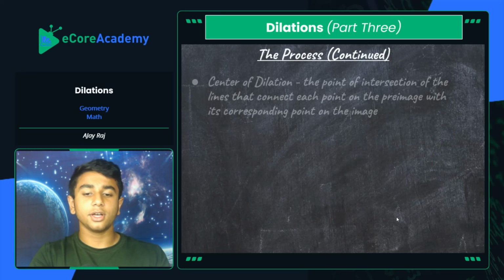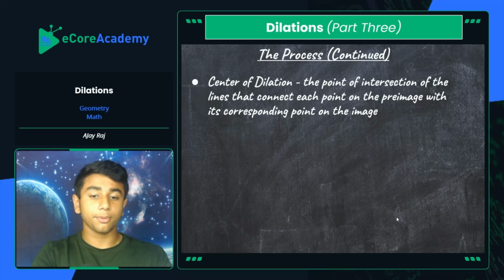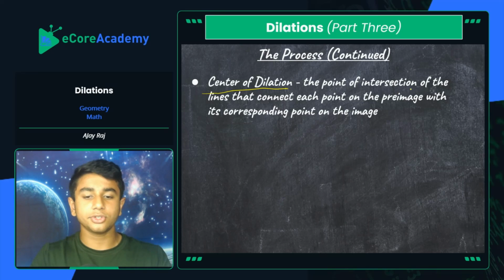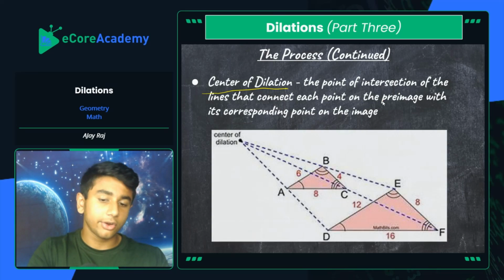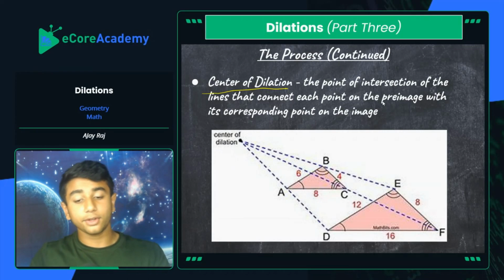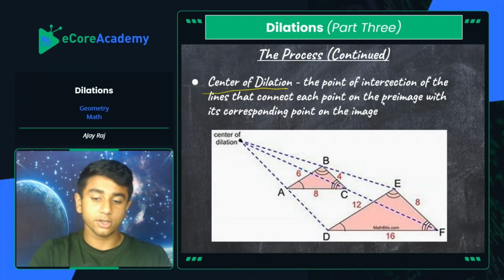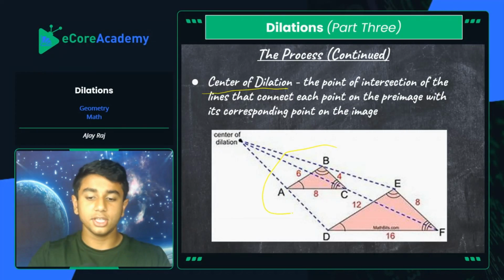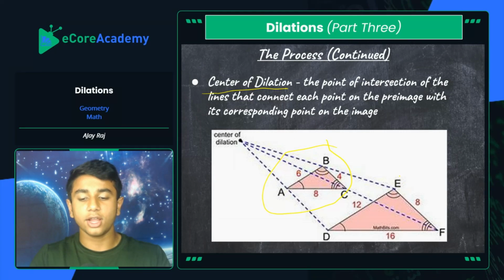And next we have our final part of dilations and their processes, and we have the center of dilation here. It's the point of intersection of the lines that connect each point on the pre-image with its corresponding point on the image. If we're given a diagram, it's very self-explanatory. Say you're given a triangle BAC, the original pre-image, and you're trying to dilate it to triangle EDF or DEF, depending on how you would like to pronounce that.